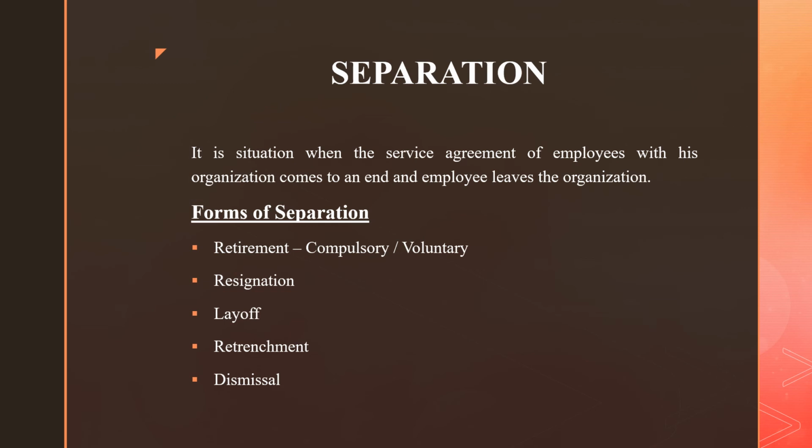Then what they actually do is serve a notice in the organization specifying a reason why he is leaving the organization. This is said to be resignation. Again, resignation is of two types: voluntary resignation and involuntary resignation.